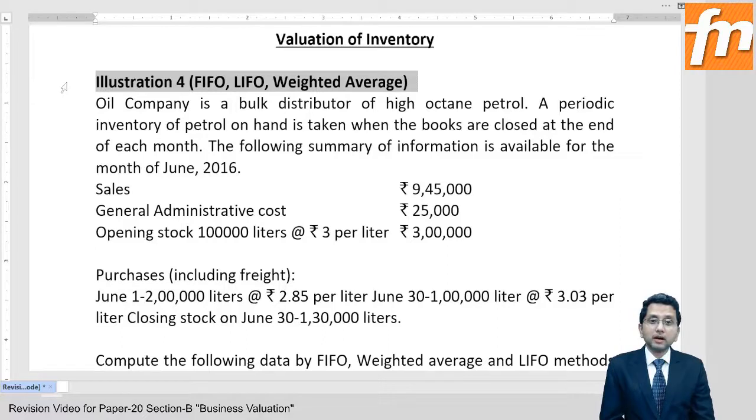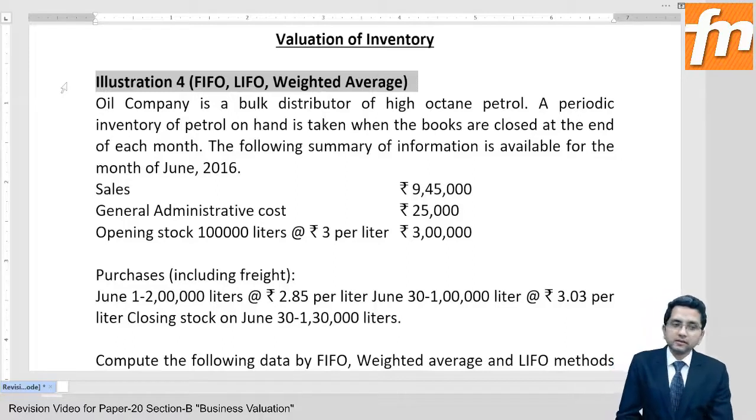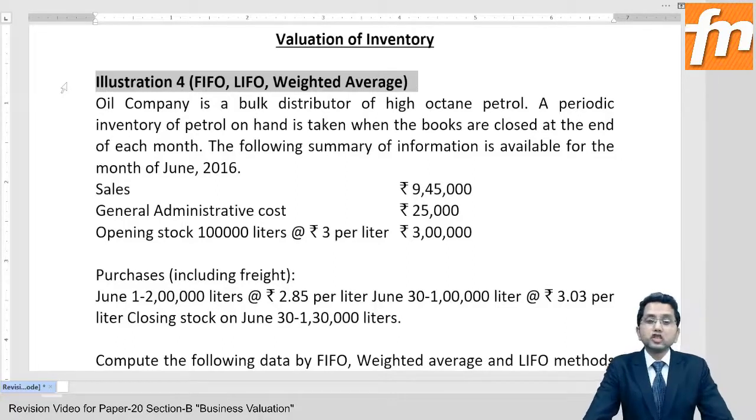But if I talk about US GAAP, United States of America Generally Accepted Accounting Principles, they do prefer LIFO over FIFO. Because practically there is one advantage of LIFO, that it is more conservative than FIFO. Like under an inflationary situation where the price of goods and services are rising day by day, month by month, year by year.